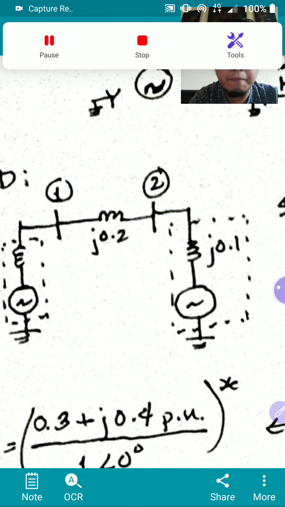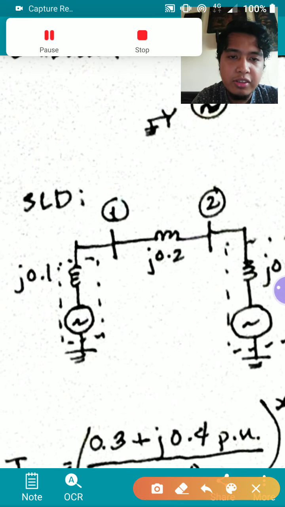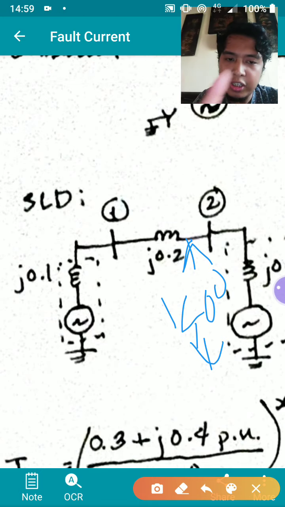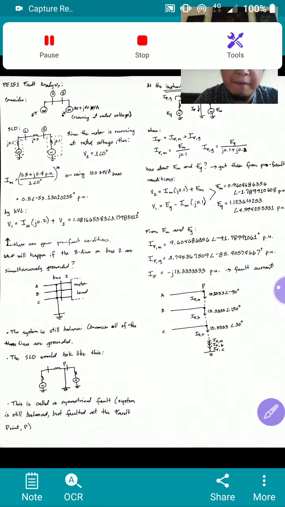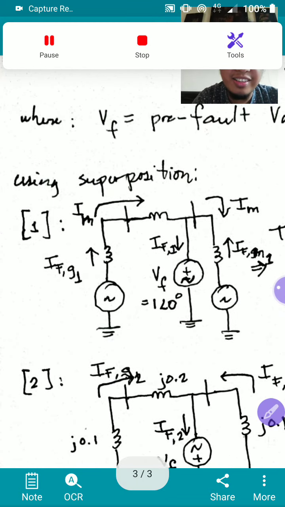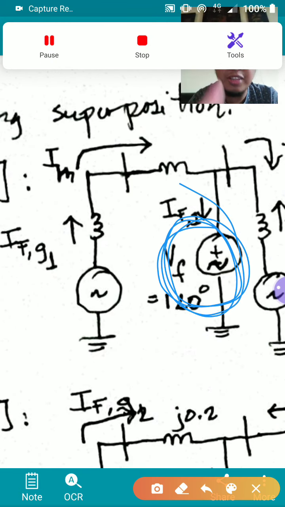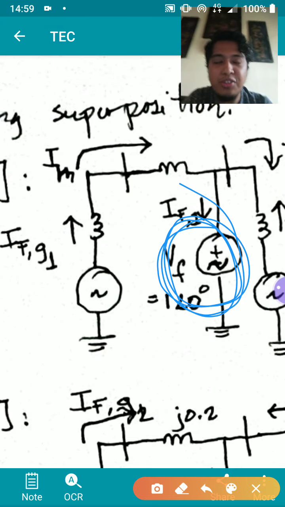That is this one, where you just denote that this voltage is 1 angle 0. And you already know that. Therefore, it doesn't really have an effect. So it's as if this generator here is not there. So this is your normal condition.